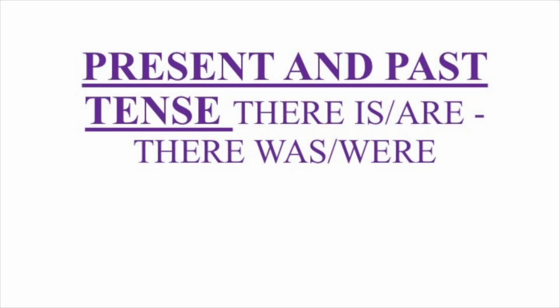Now, let's take a look at our PowerPoint presentation, present and past tense. So for present tense, we say there is, or there are. And for past tense, there was, or there were.